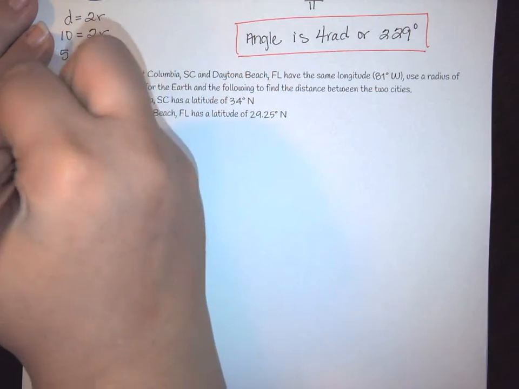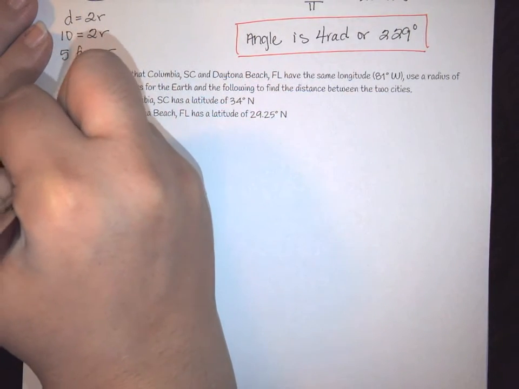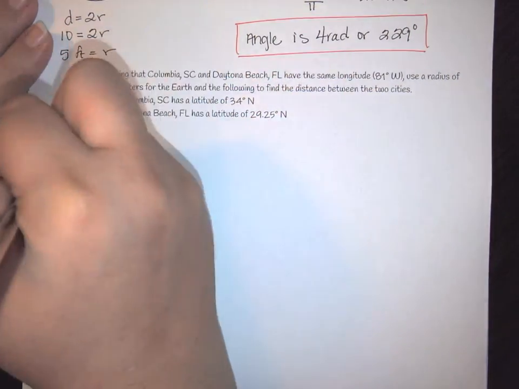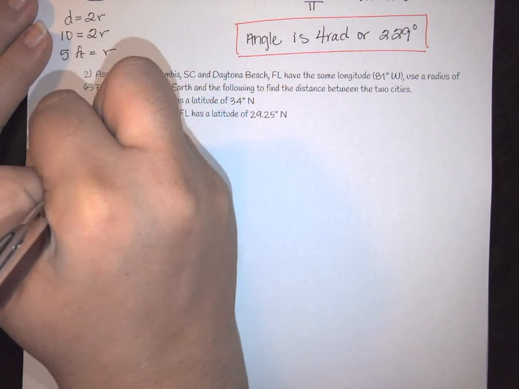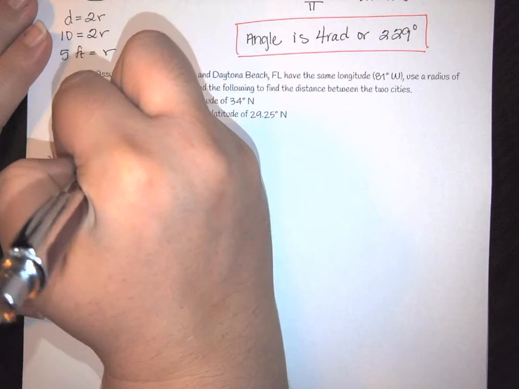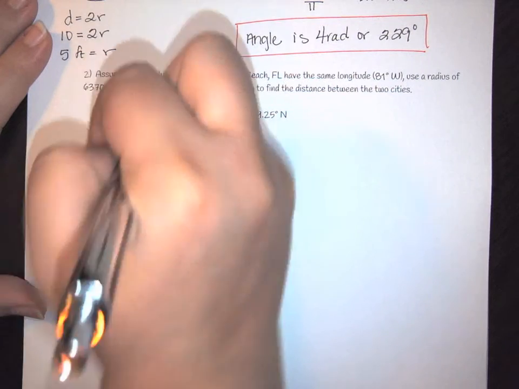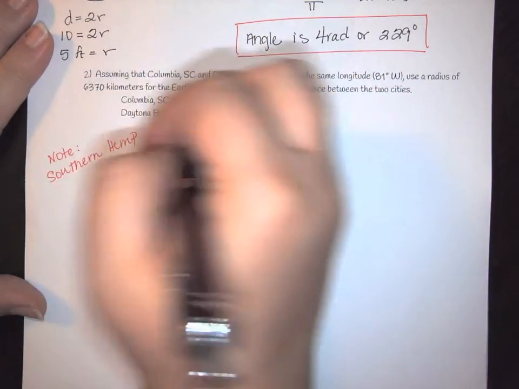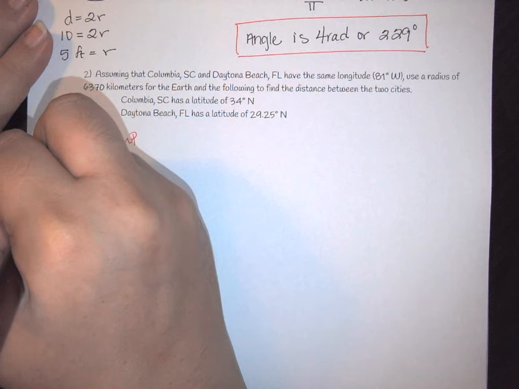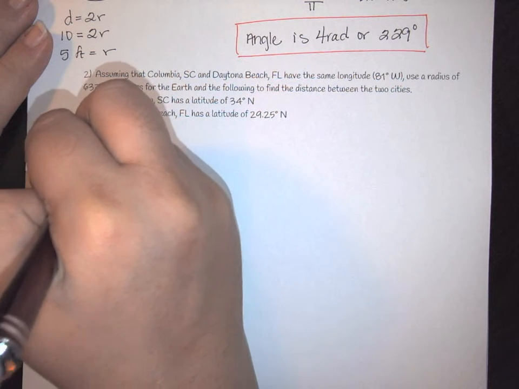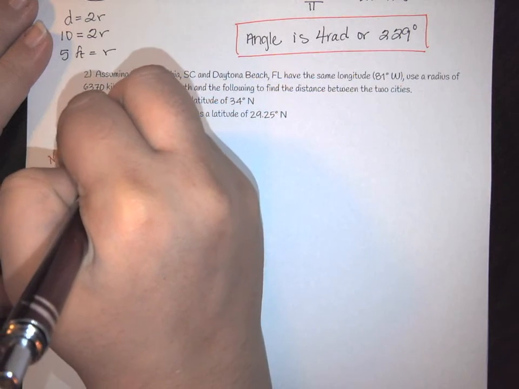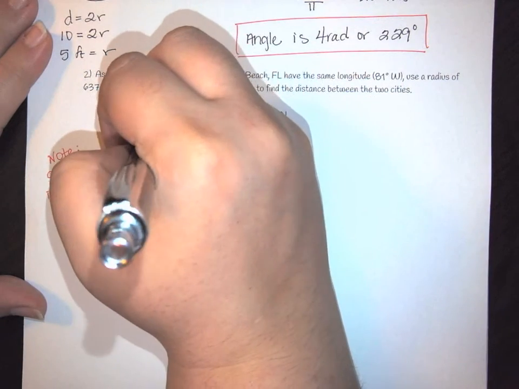So we have this note here, and that is that when you're dealing with the southern hemisphere, it is automatically considered negative.